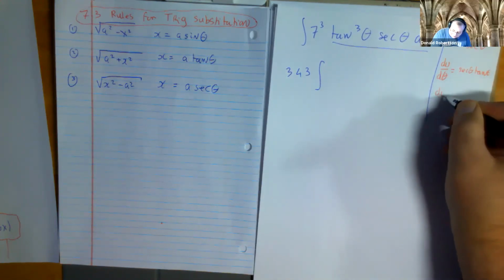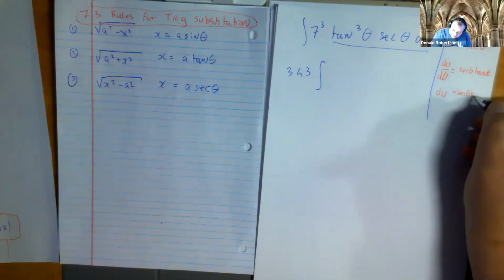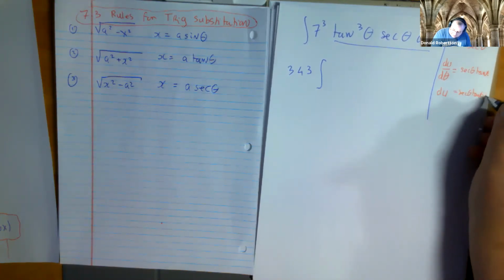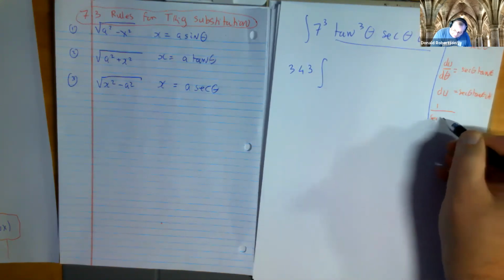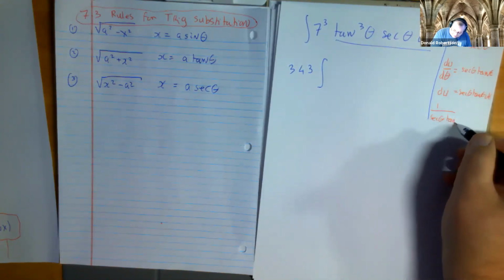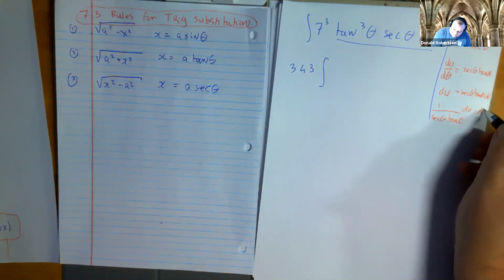So du is secant tan d theta. And if you isolate the secant theta, you get that guy.